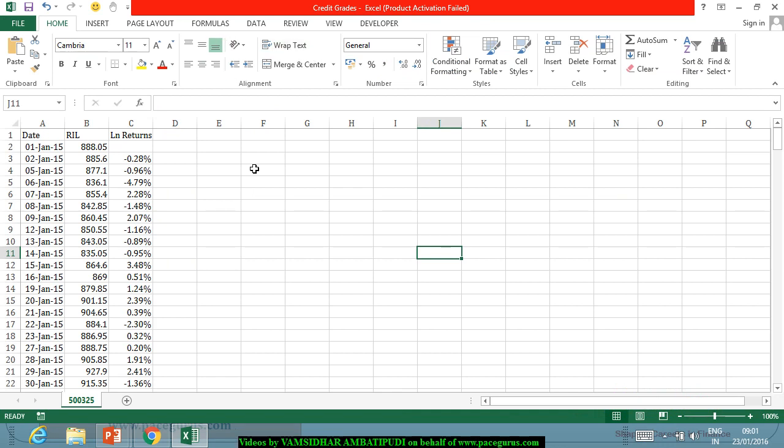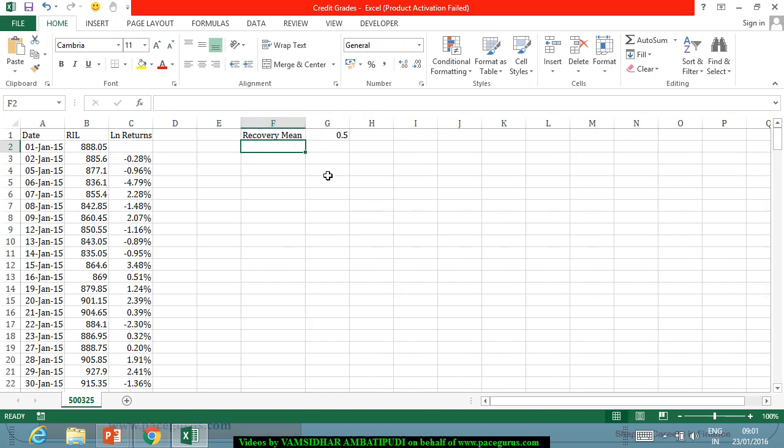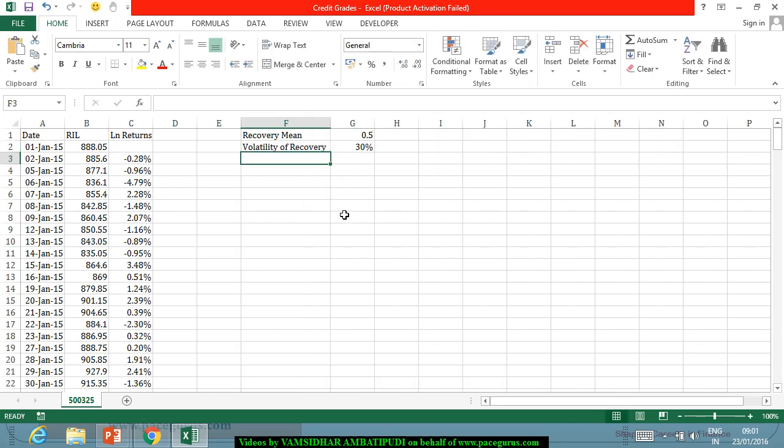So let's try to start initially. With respect to the recovery mean, I'll for the time being assume it to be around 0.5, so 50% can be recovered on average, whereas for the volatility of recovery, I can very well take it to be around 30%, which is the lambda.